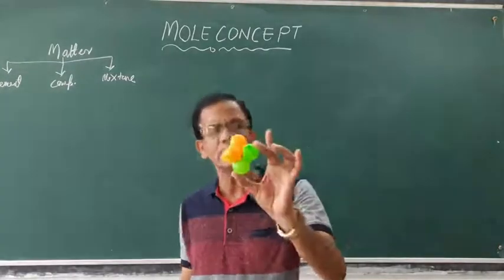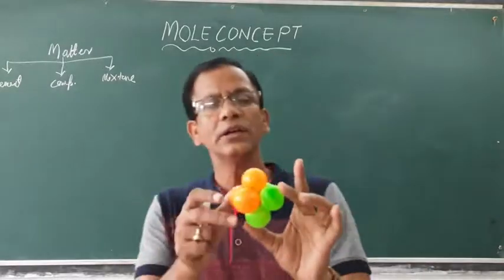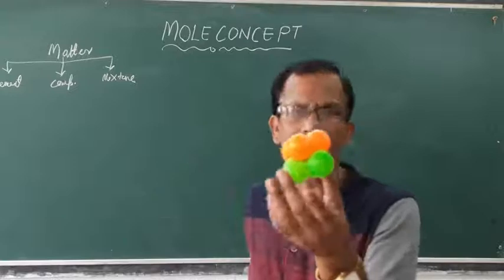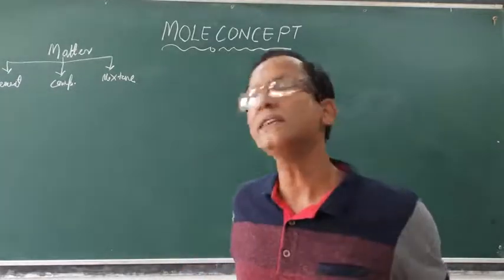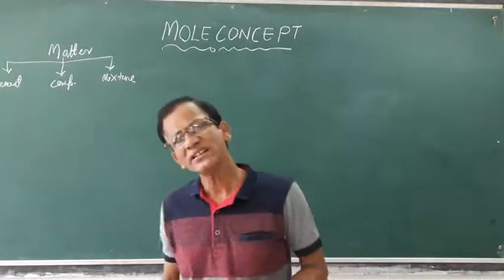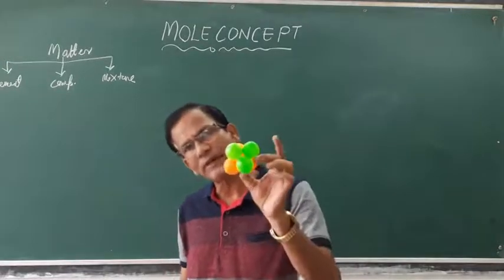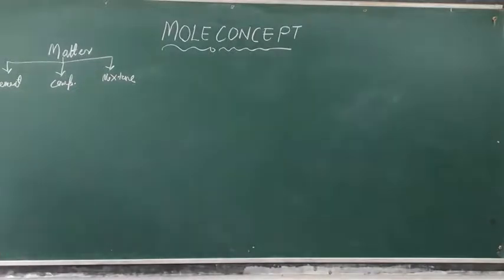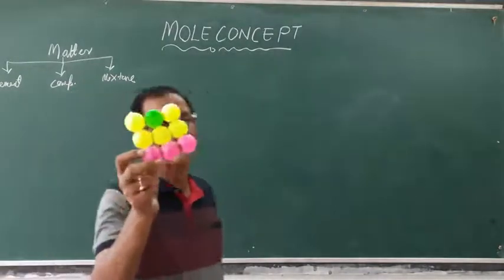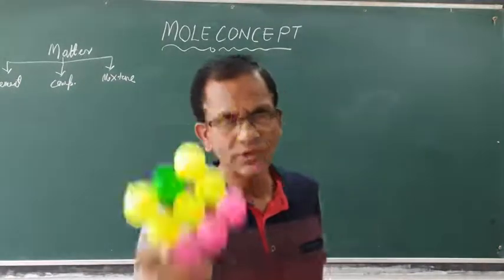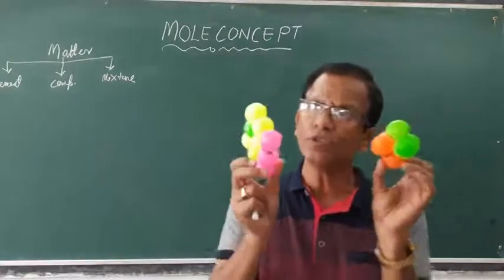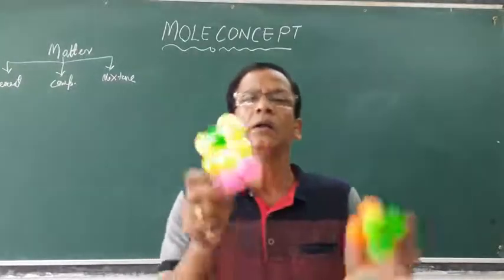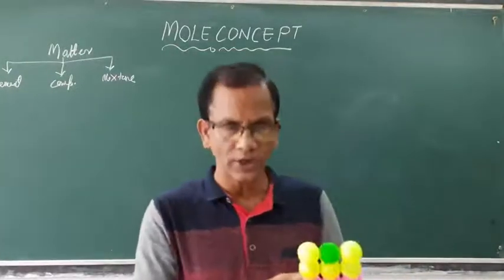The number of spheres is 3 at the bottom and 3 at the top, so total is 6. So one type of matter consists of 6 particles, and another type of matter consists of 9 particles, 9 spheres and 6 spheres. So the compositions are different, structures are different, and the number of particles is different.